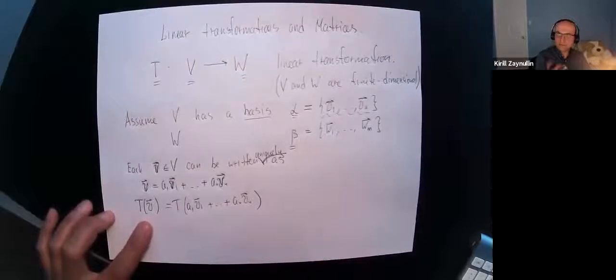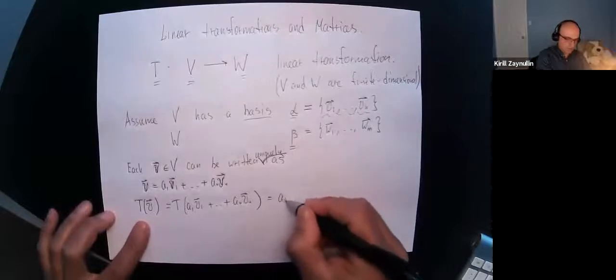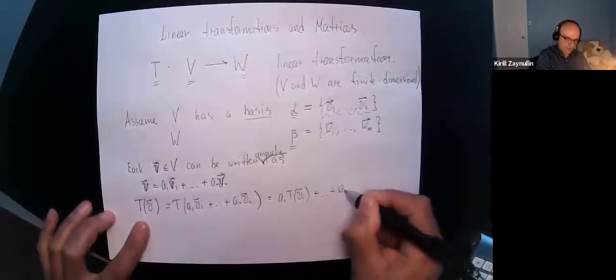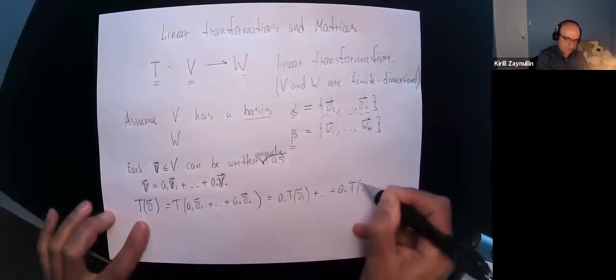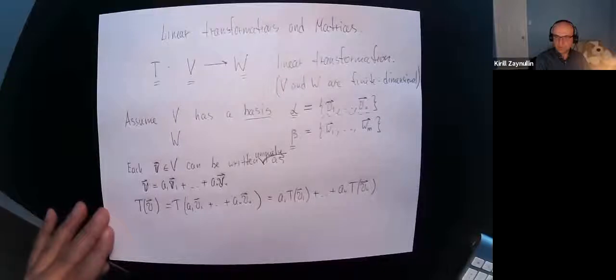Since T is a linear transformation, we can open this bracket. So what do we get? We get a1 T of v1 plus and so on plus an T of vn. So that's kind of easy, right? We already have seen it before.